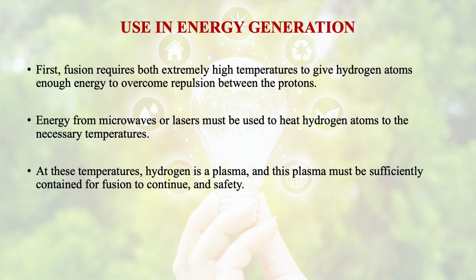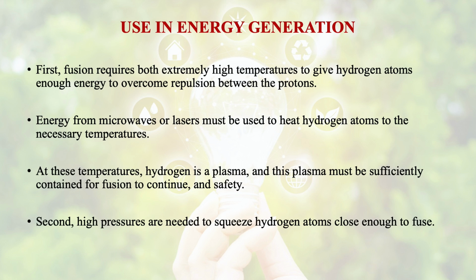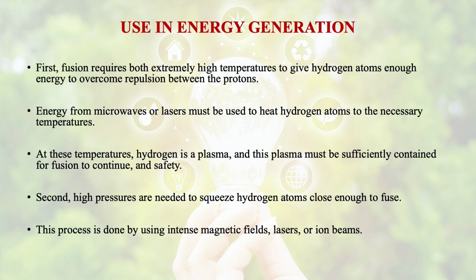At these temperatures, hydrogen is in a plasma state, and this plasma must be sufficiently contained for fusion to continue and for safety as well. Second, high pressures are needed to squeeze hydrogen atoms close enough to fuse. This process is done by using intense magnetic fields, lasers or ion beams.